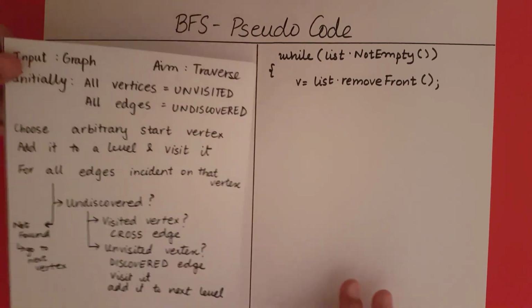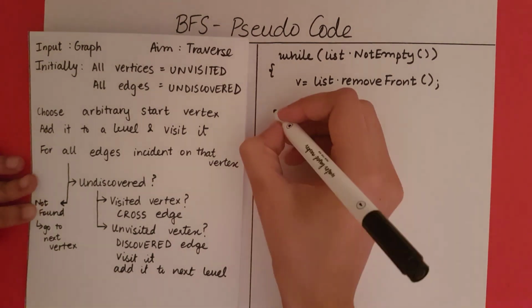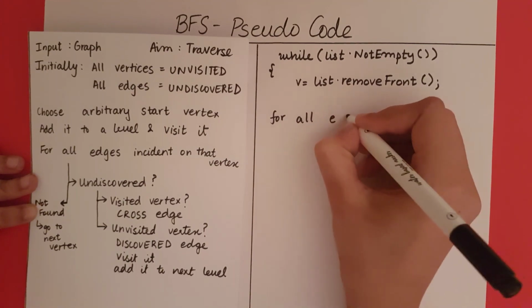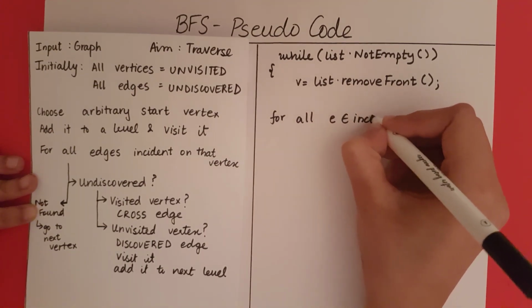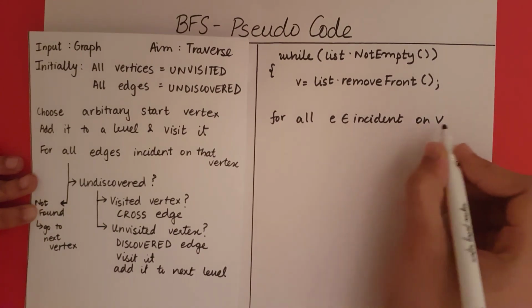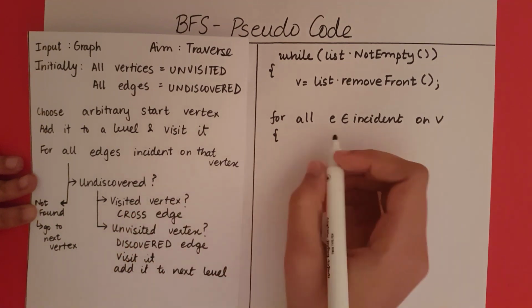Now, what must I do to this vertex V? I need to check all the edges incident on that vertex. So, for all edges incident on V, what must I do? I need to check whether it's undiscovered.